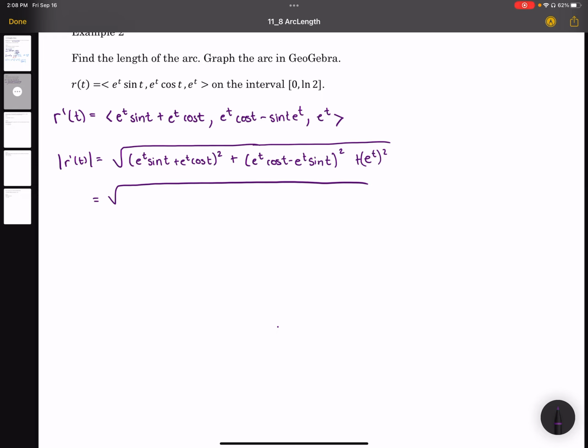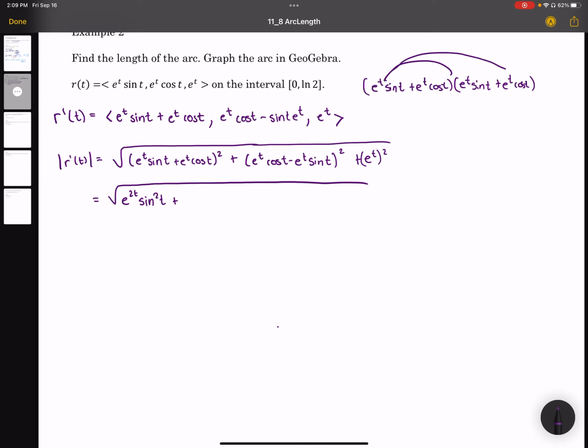So for the first square, we're going to get e to the 2t sine squared t plus, so then we can write this out here. If we had e to the t sine t plus e to the t cosine t multiplied by itself, what we would get is, all right, for the first term, e to the 2t sine squared t.